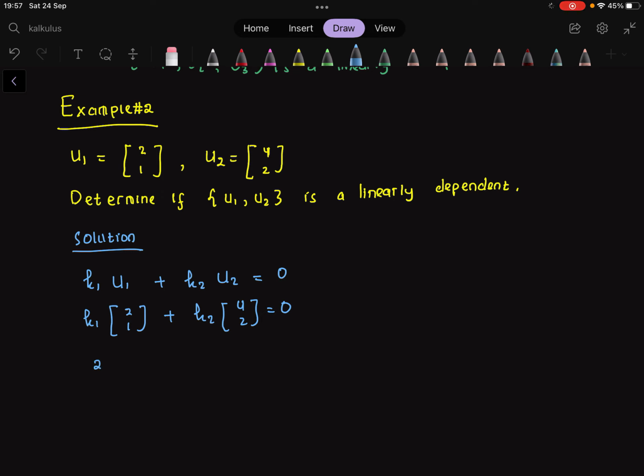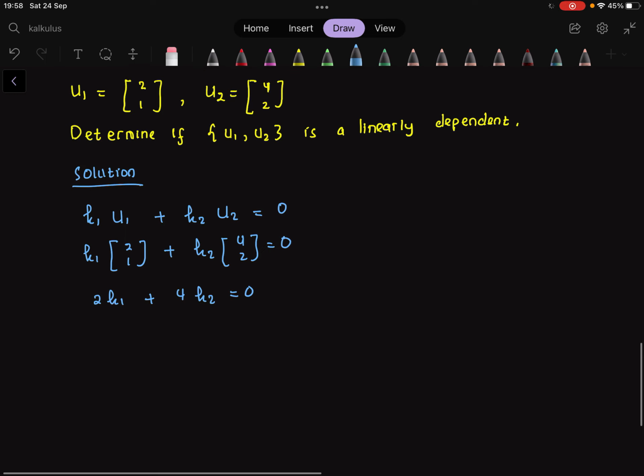So we have 2k1 plus 4k2 equal to 0, and then we have k1 plus 2k2 equal to 0.